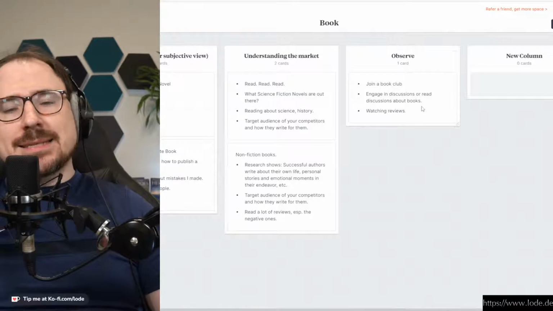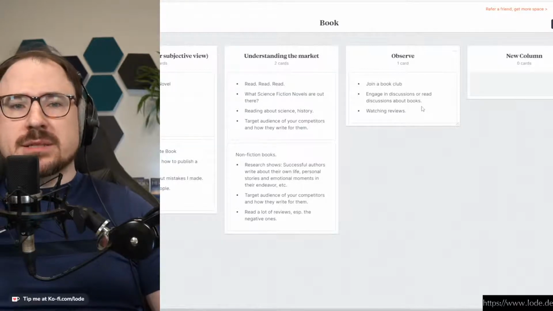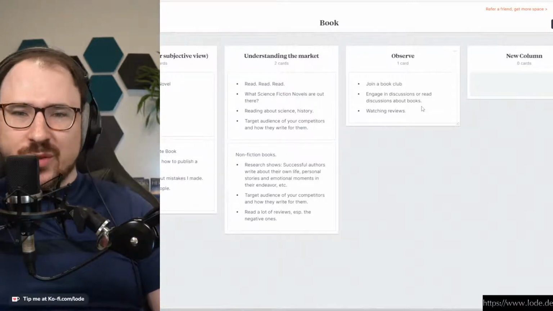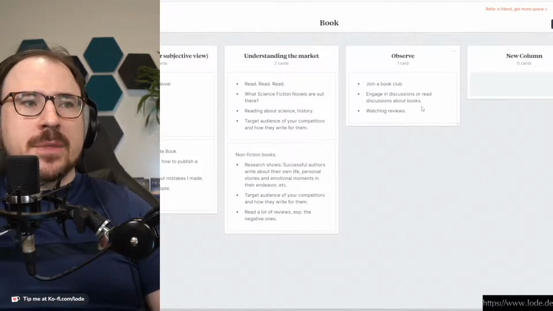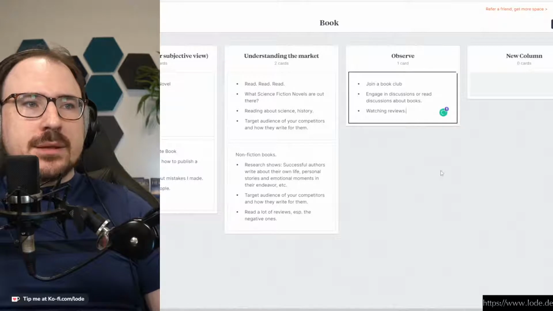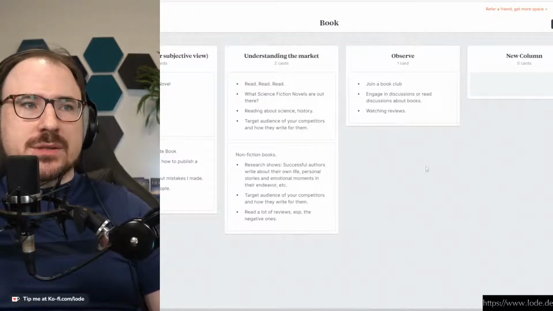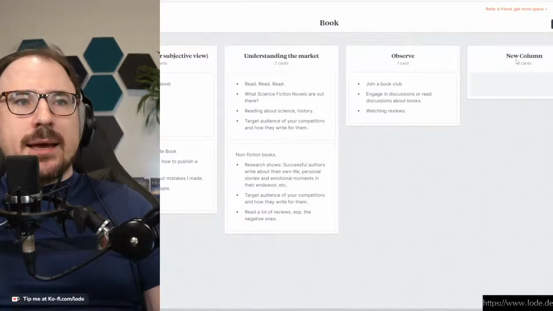Of course, for books, it's a little bit more difficult because you can't really get between the reader, the eyes and the book. So that is a little bit more difficult. So one way really is to engage in those discussions.